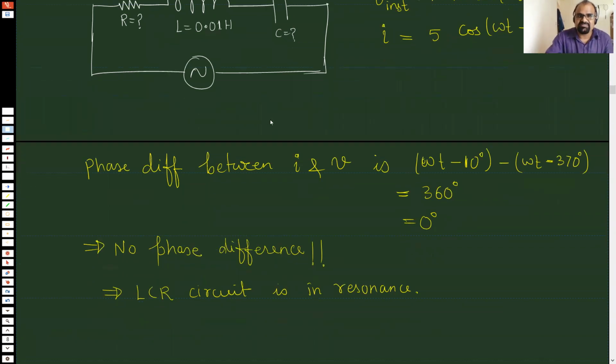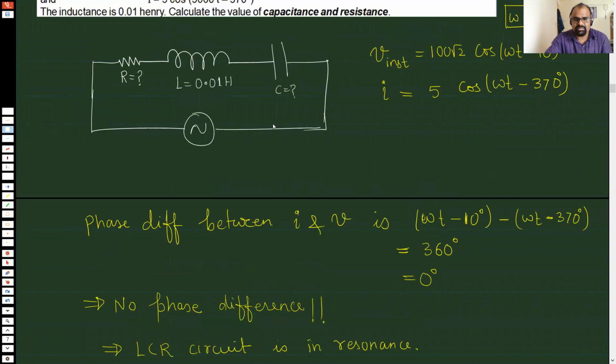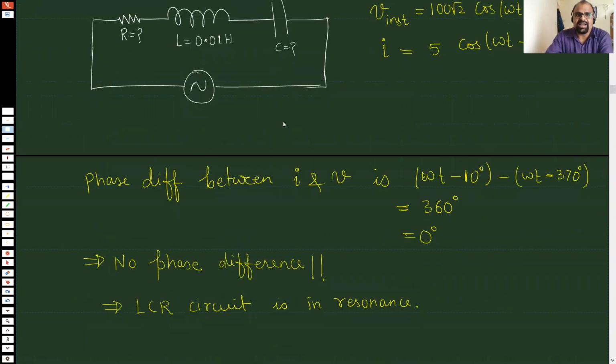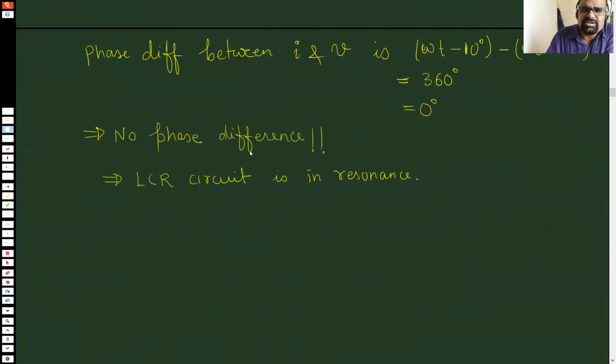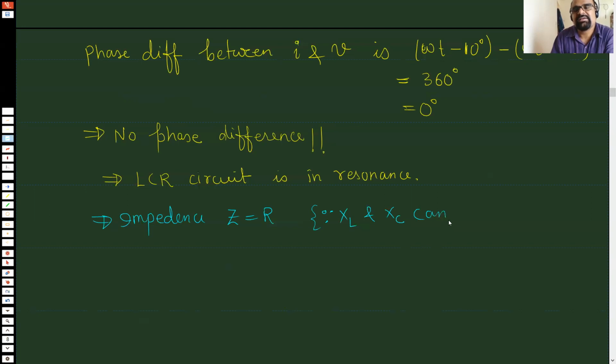So no phase difference. Now we know that this is in resonance, so we can say impedance. What is impedance? Impedance is simply R, because XL and XC cancel out.